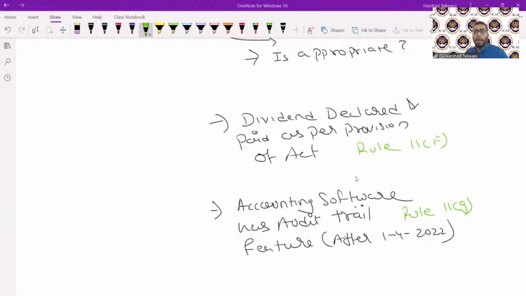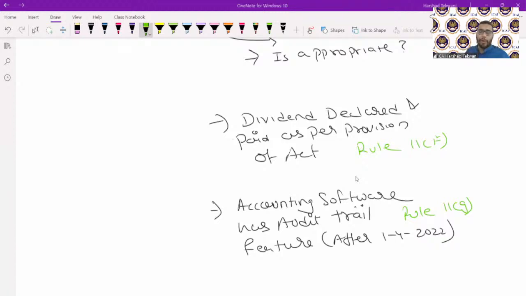For example, a loan given might not be disclosed in the books of account, but the loan has been received back and is reflected in the bank statement. Then you can ask, this money has come from some company, for what purpose was it given? In this way you can analyze.